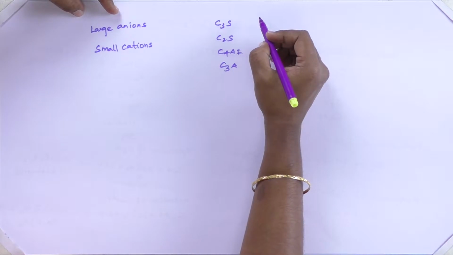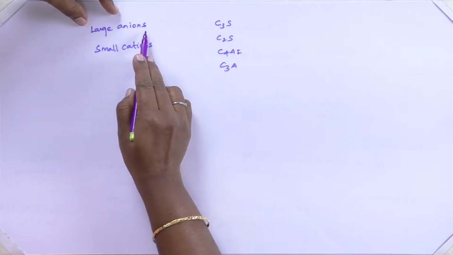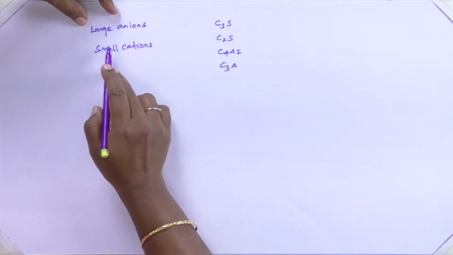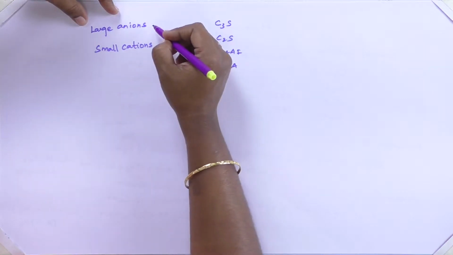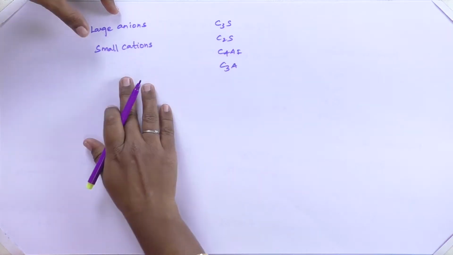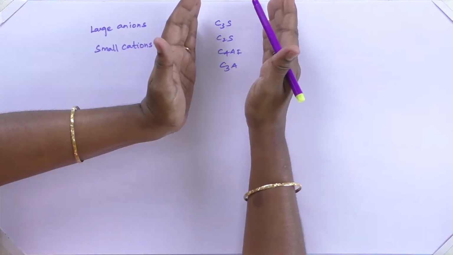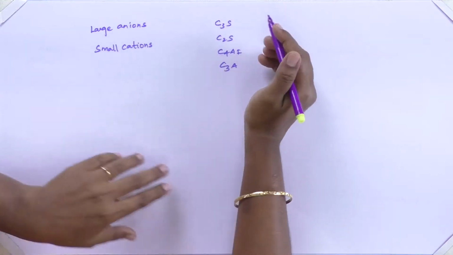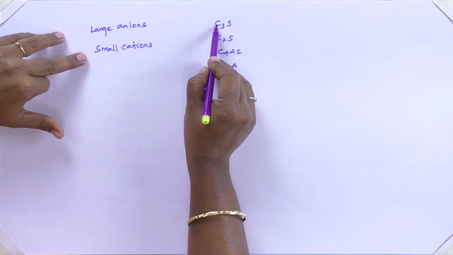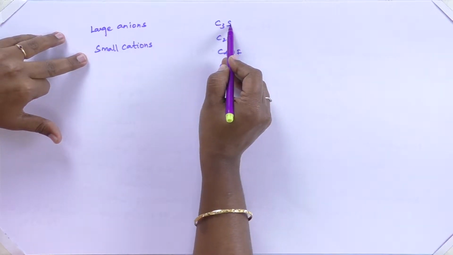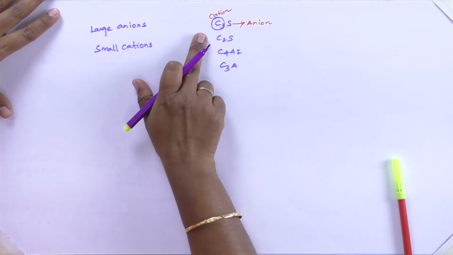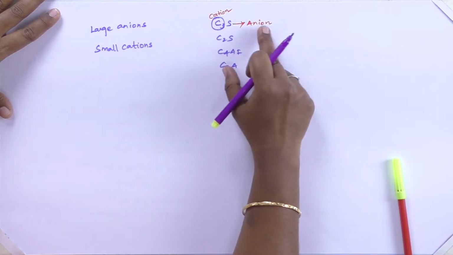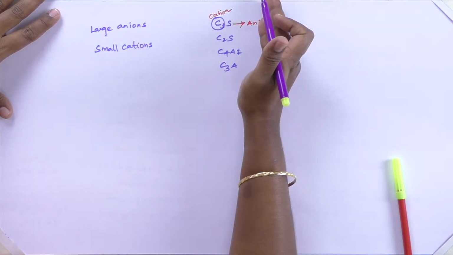Here, as I told you, in all cement minerals a common feature is that we have large anions and small size cations. So this is our end product in cement manufacturing: small sized cations bonded with large sized anions.